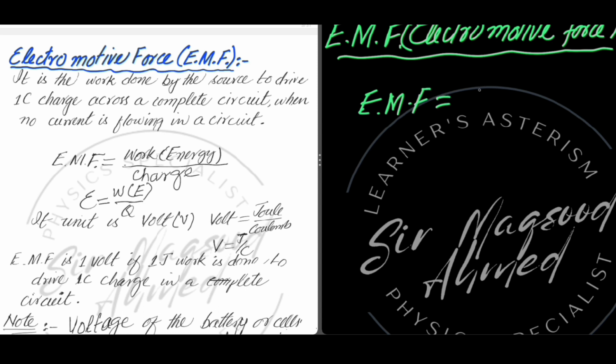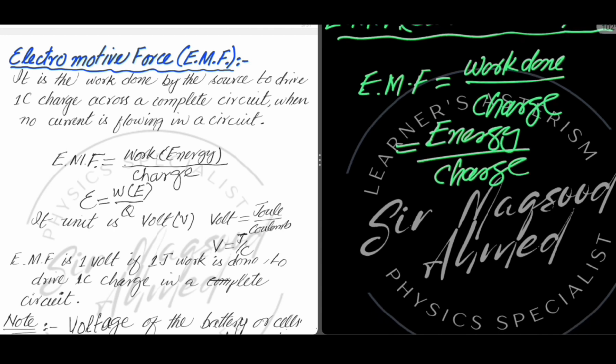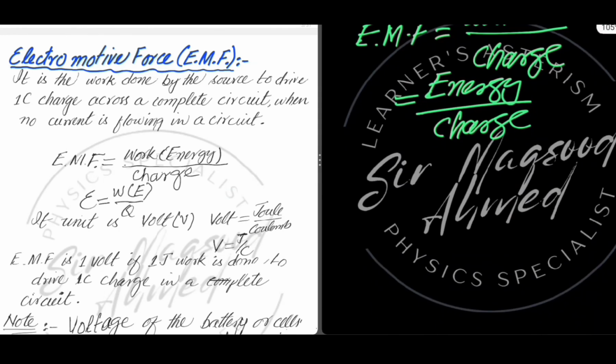Mathematically, E.M.F is equal to work done over charge. If work is equal to energy, then E.M.F is equal to energy over charge. Symbolically, the E.M.F is represented by a capital letter E, a small Greek letter epsilon.